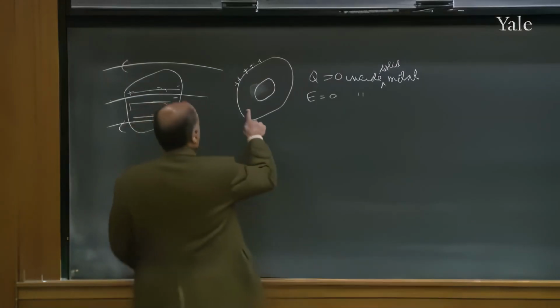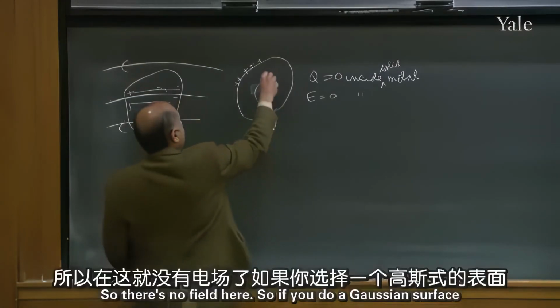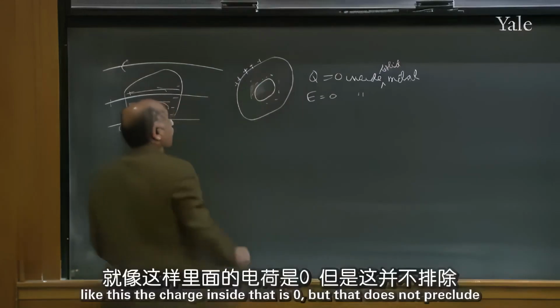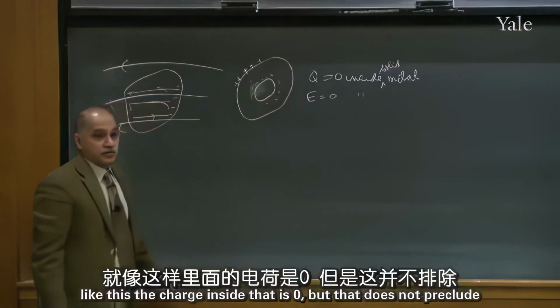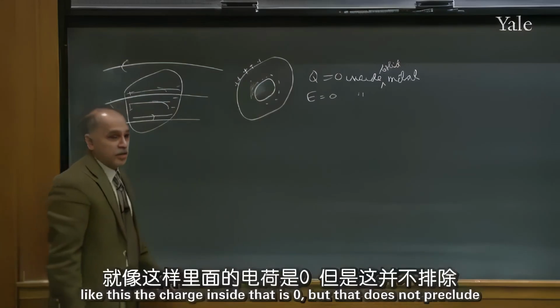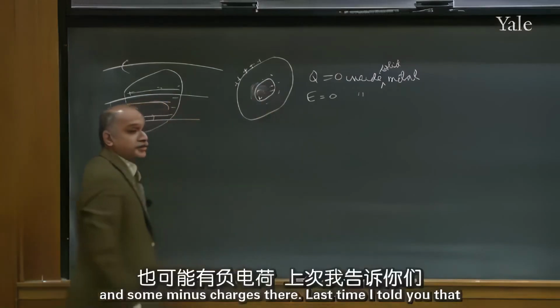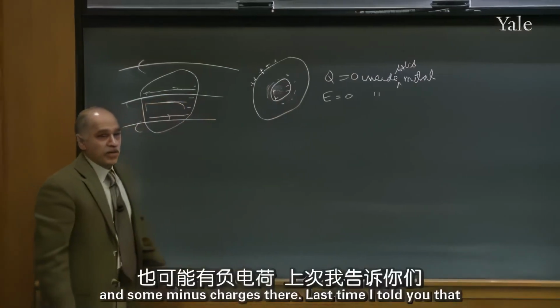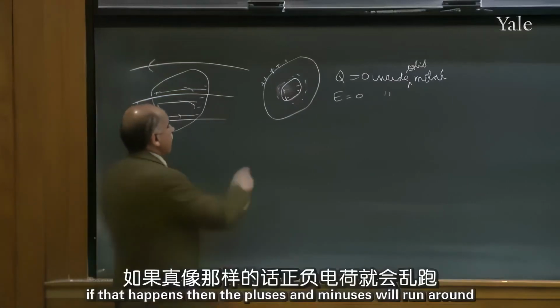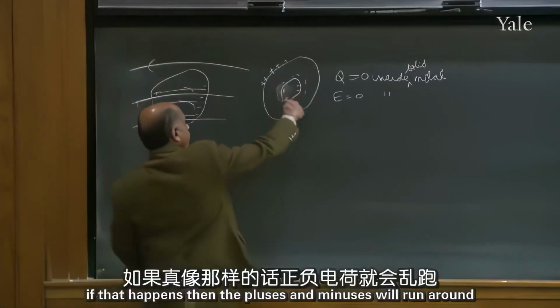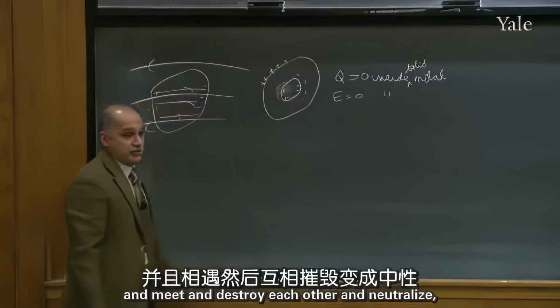That's the perfect metal. So there's no field here. So if you do a Gaussian surface like this, the charge inside that is 0. But that does not preclude the possibility that there are maybe some plus charges there and some minus charges there. Last time I told you that if that happens, then the pluses and minuses will run around and meet and destroy each other and neutralize.